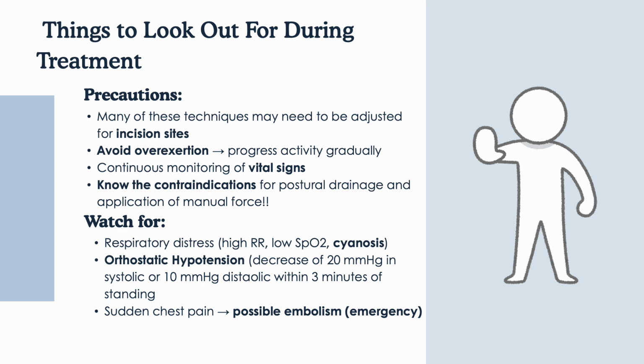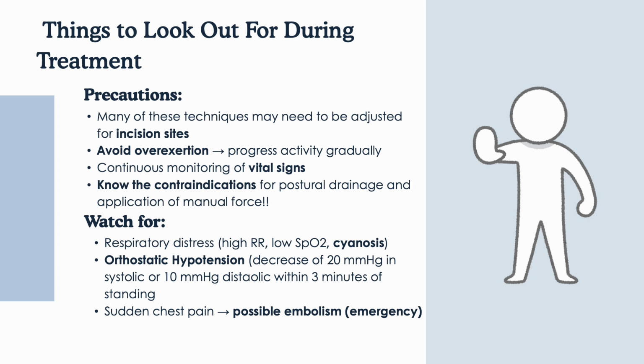For postural drainage, we need to be really careful of neurological issues, high intracranial pressure, head or neck injuries, any type of recent head surgery. We also want to be careful of cardiovascular issues as well, such as hemodynamic instability, unstable angina.